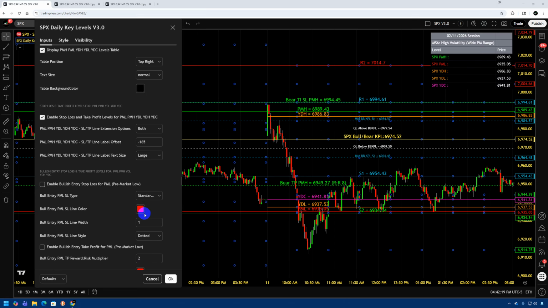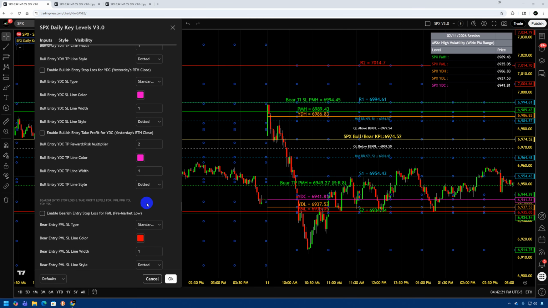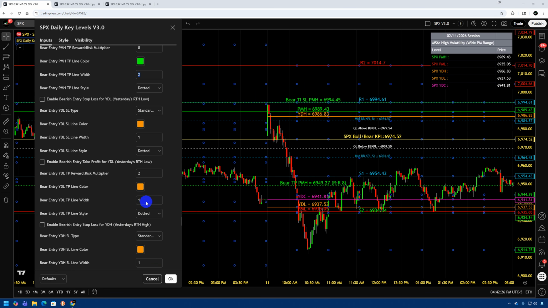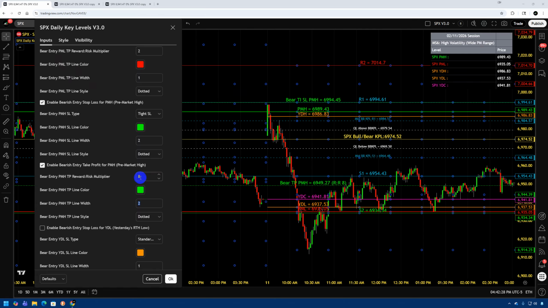Okay, so as you can see here, I'll go back down to the settings for the bearish PMH. We've set the reward to risk multiplier to 8. So that's going to be 8 times the tight stop loss.